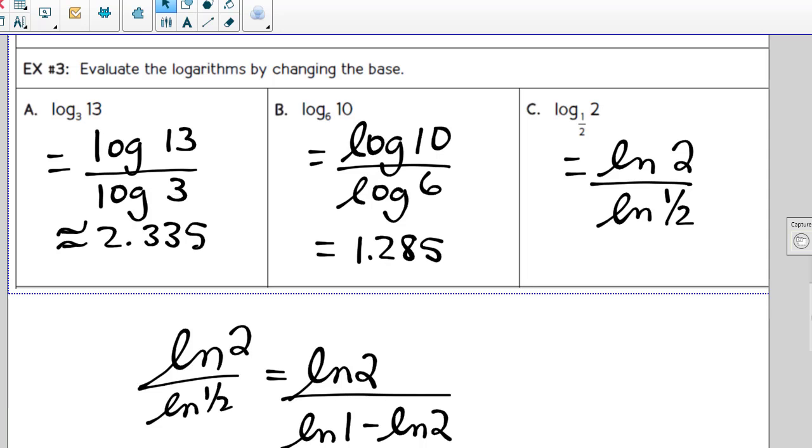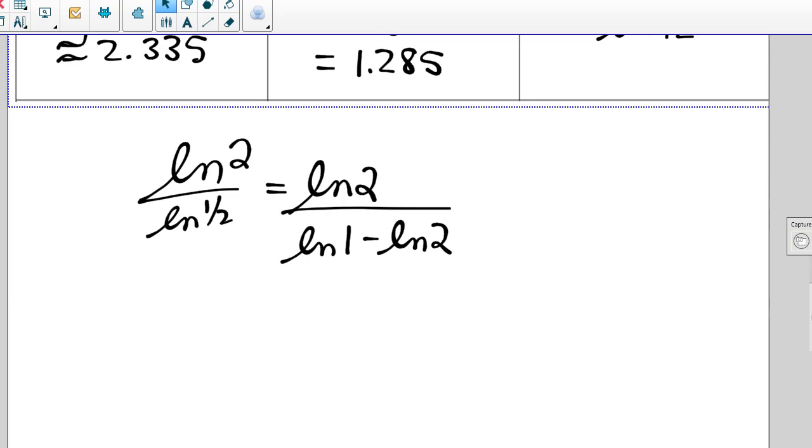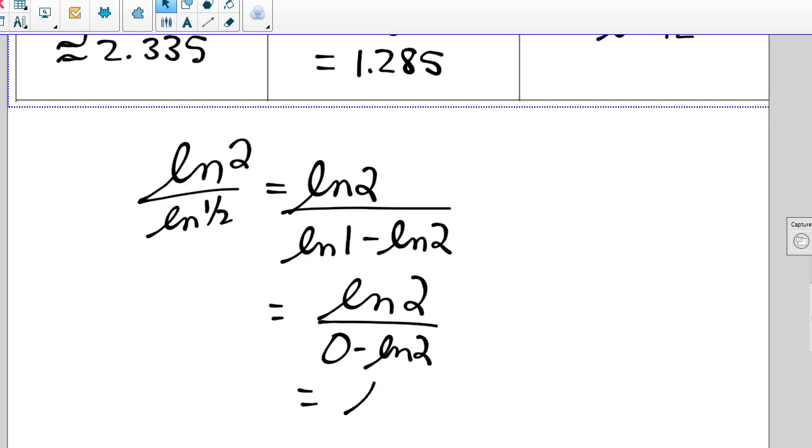Try one more time. 0. All right, so we get natural log of 2 over 0 minus natural log of 2. It's -1. So now that we know some more properties, we could have, somewhat easily, done that by hand.